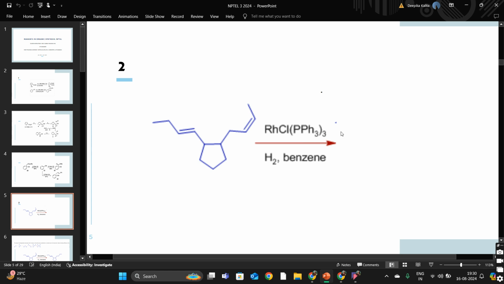If you remember this structure, you might have already figured out that this is the Wilkinson catalyst. The Wilkinson catalyst topic has been covered, and you have to remember that whenever it comes to hydrogenation of olefins, Wilkinson catalyst always gives you syn addition of hydrogen.